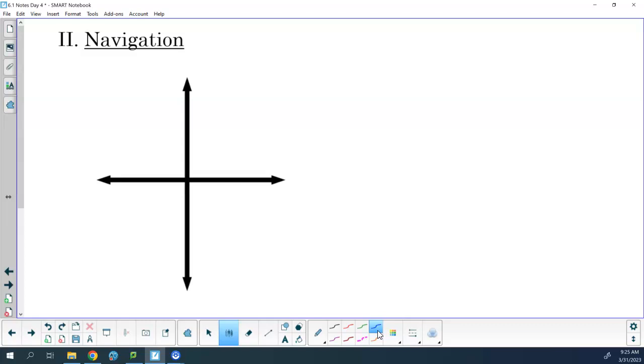If that's the case, then north is up here with 0, east is over here with 90, south is down here with 180, and west is over here with 270 degrees. So you plot where that angle goes.